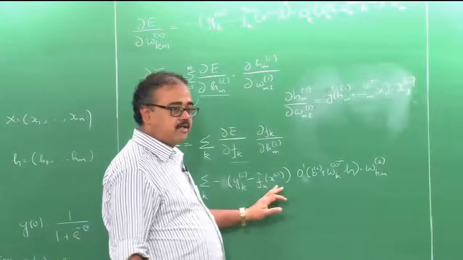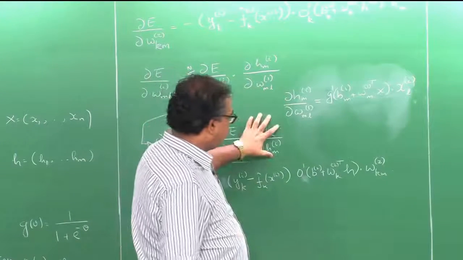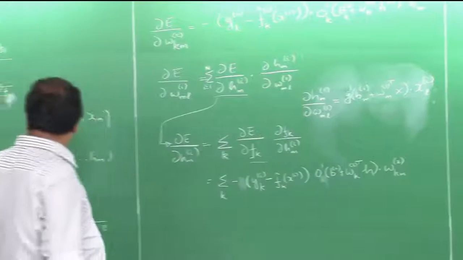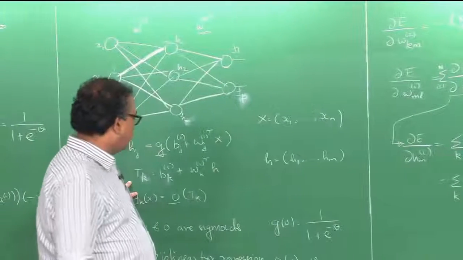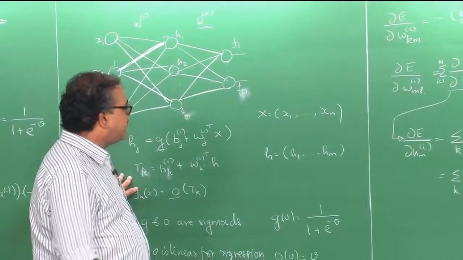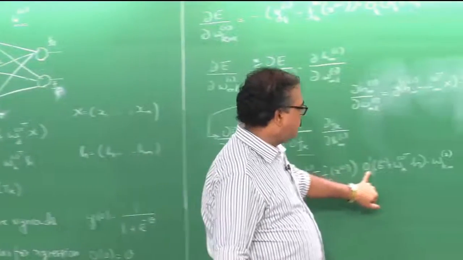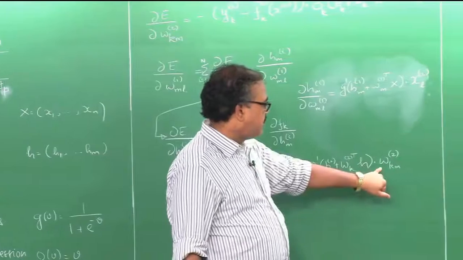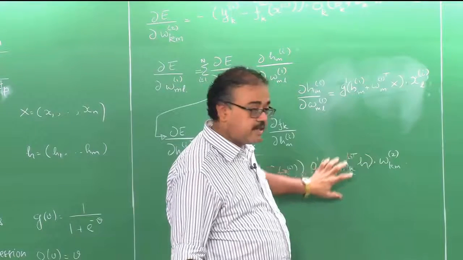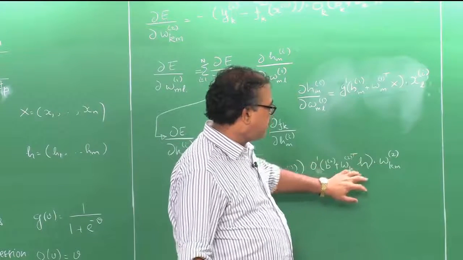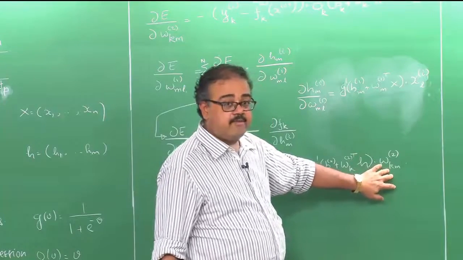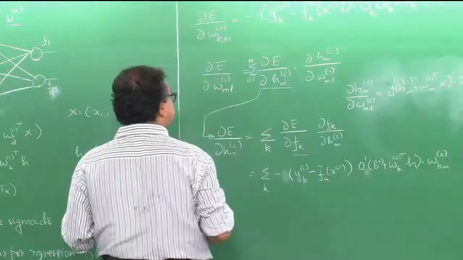So, we do not have to worry about the further terms that constitute f_k. As far as the second term is concerned, the derivative of f_k with respect to h_m is essentially the derivative of O with respect to h times the derivative of the argument of O with respect to h, which gives us just the weight w_km.